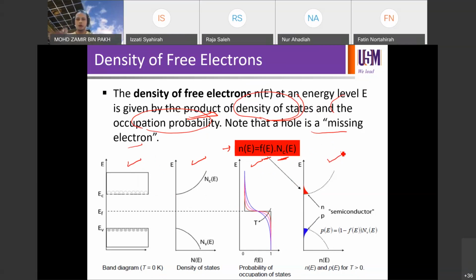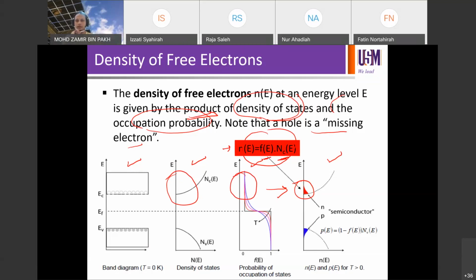Graphically, what this equation means is that this area will be the density of free electrons, calculated from your density of states taken from here, and the distribution of free electrons taken from here, giving this result.